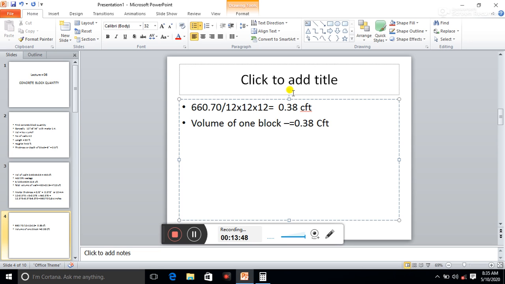Now we will divide the volume of wall by the volume of one block, which will give the number of blocks.